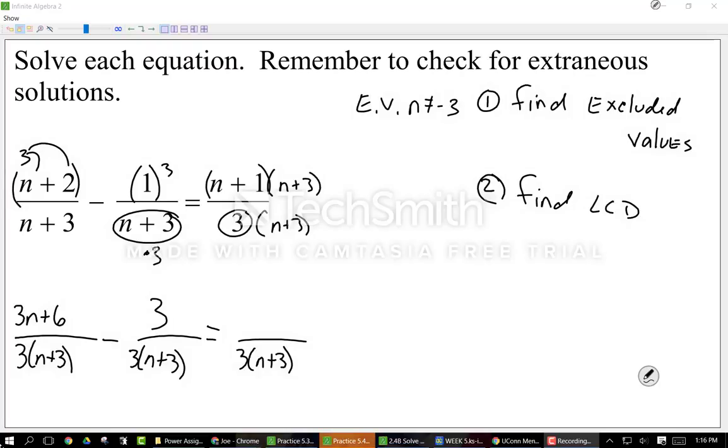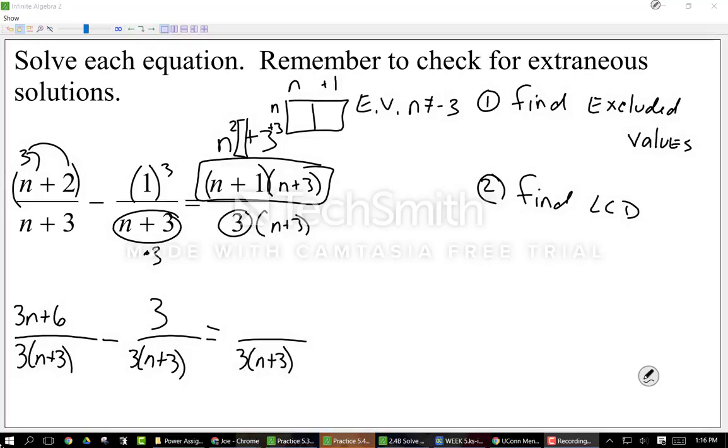So n plus 1 times n plus 3. Some of you are forgetting the fact that we're multiplying binomials here. So some of you, what you would do is you would say n squared plus 3. That's not right. We're forgetting about a middle term in here. How do I get that middle term? Remember, we do a box when I have binomials and binomials. So it's n plus 1, n plus 3.